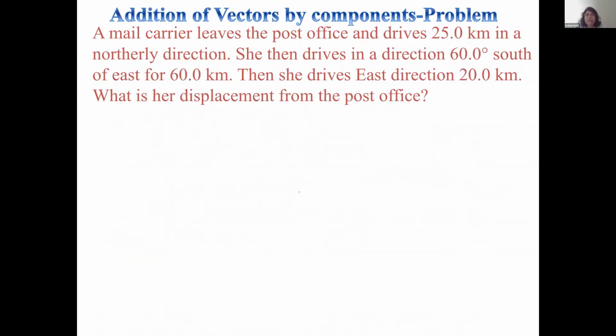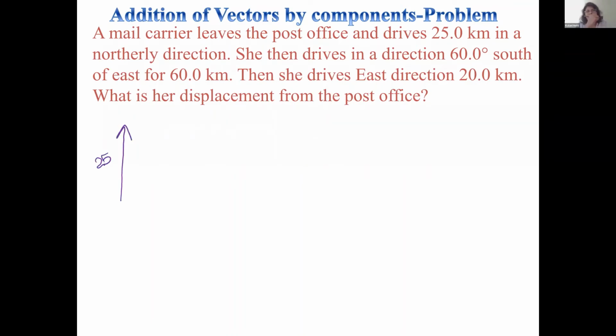Okay, so now I'm going to do a simple example, not to finalize, but a simple example. I have a mail carrier traveling in the north direction and moving 25 kilometers in the north direction. Let's draw the cartoon first. So I have north direction, 25 kilometers.